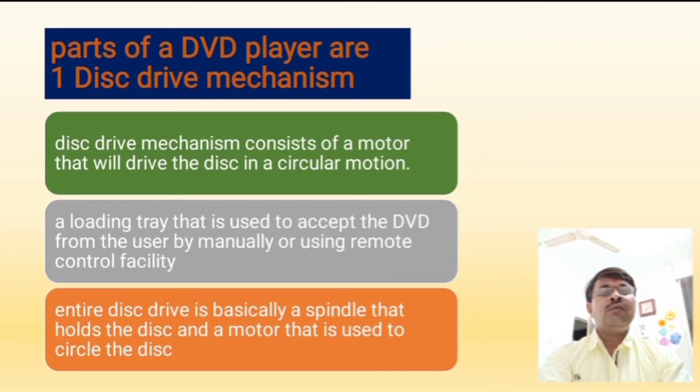On the front panel of DVD player, the open and close disc tray button is used for manually pressing the disc tray. The entire disc drive is basically a spindle that holds the discs and a motor that is used to circle the discs.